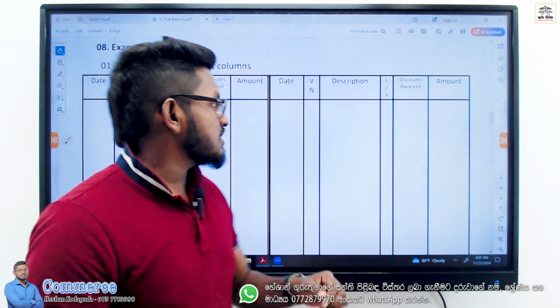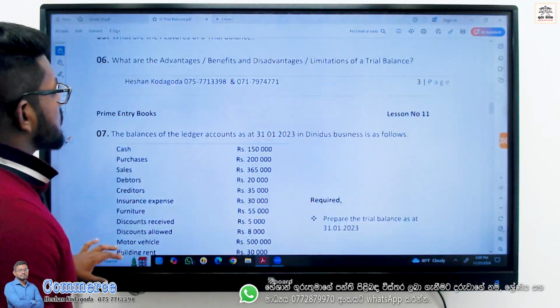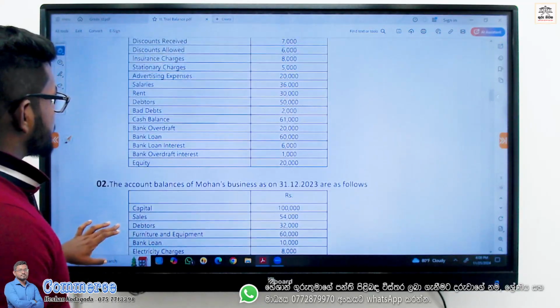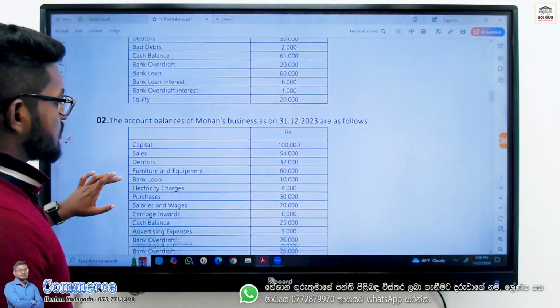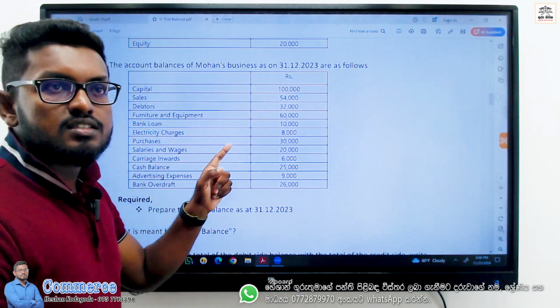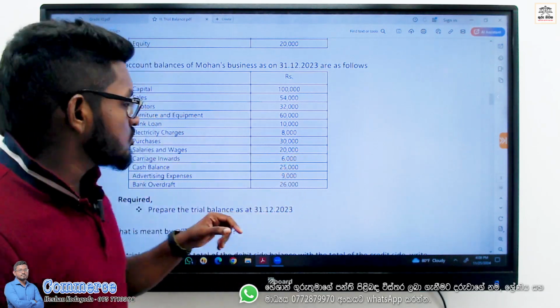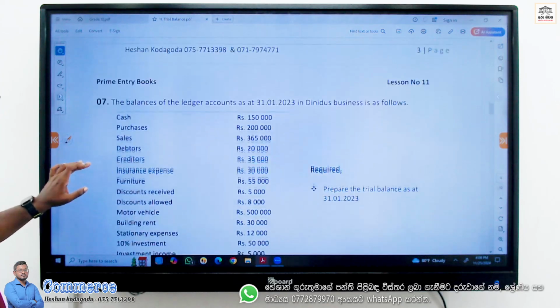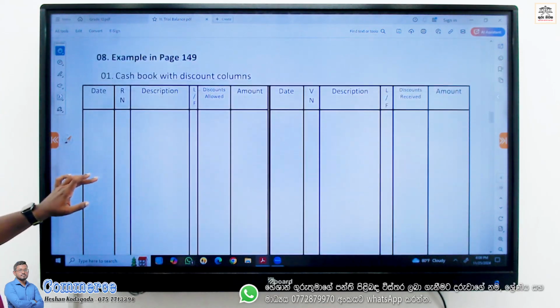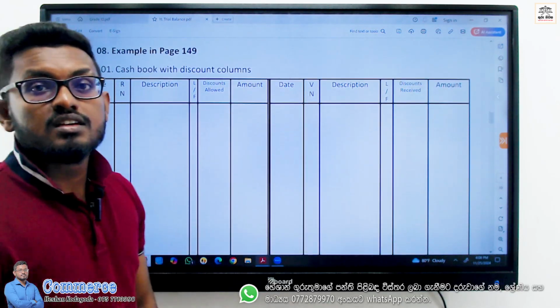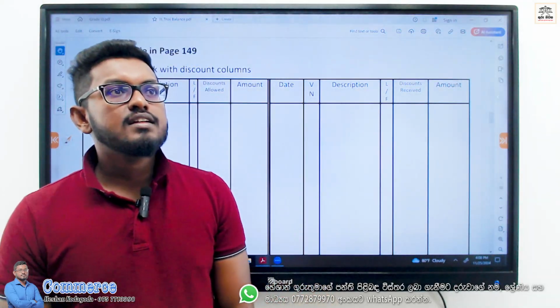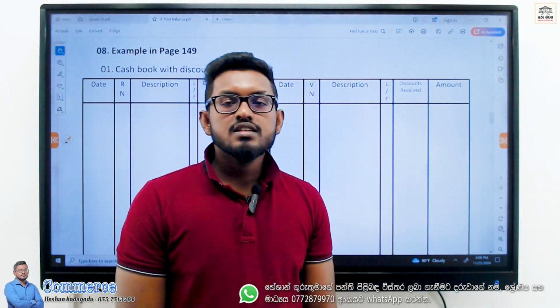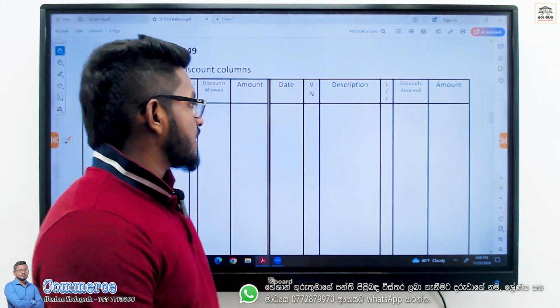I think last week we finished only up to the first one, so we didn't do the second one. I asked you to do the second, third, fourth, fifth, sixth, seventh. I'm going to do these in the paper revision class this Wednesday.